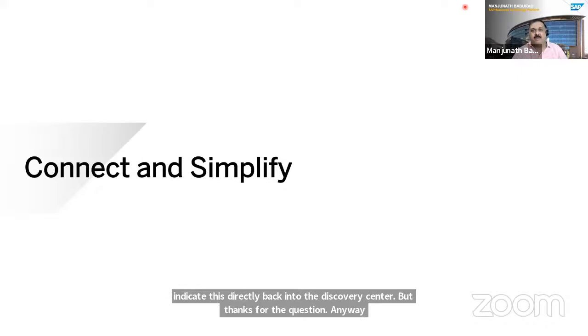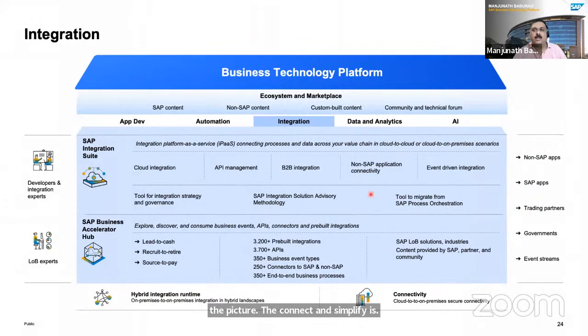Okay, let's go back to the connect and simplify part of the picture. The connect and simplify is driven by our product, which is our go-to solution on the cloud for integration, which is the SAP Integration Suite, right? The SAP Integration Suite, like how you see on the screen, is catering to different kinds of integration.